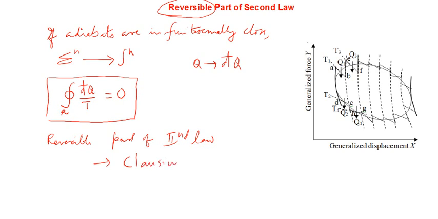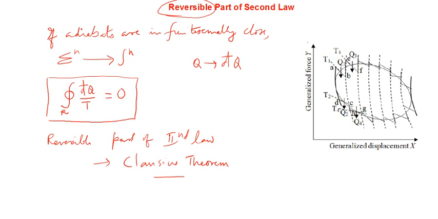A word of caution: there are many things which may look similar, but try to understand them in relation to the topic we are discussing. The Clausius theorem is the reversible part of the mathematical statement of the second law of thermodynamics.